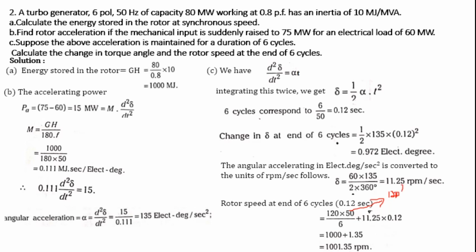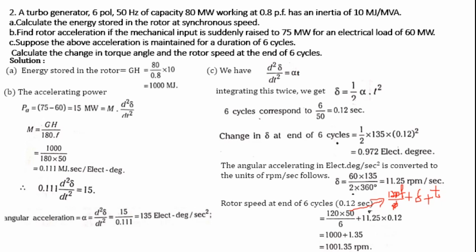Okay, this is 120 F by P. So this is P plus 11.25, which is nothing but the delta, the acceleration, times t, the corresponding time.